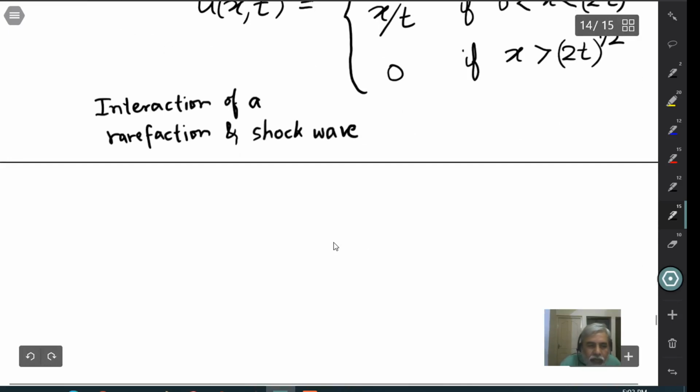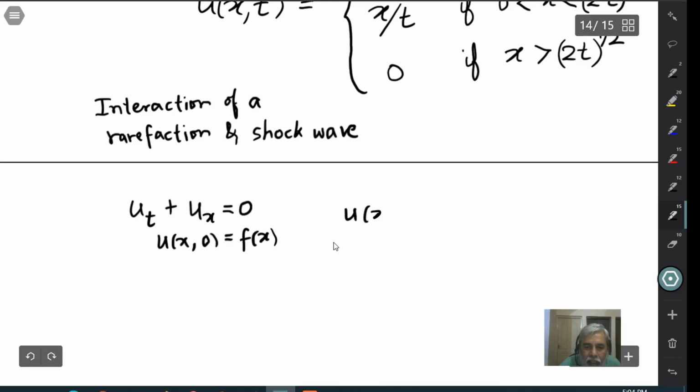For example, if we have u_t plus u_x equal to 0 and u(x,0) is f of x, then at any later time t, whatever the initial profile, it will be retained for all t positive.